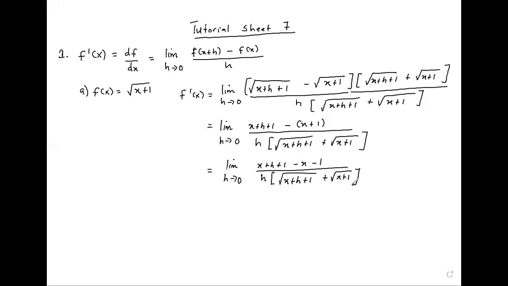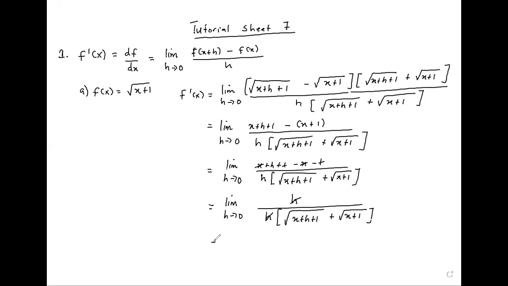Now you can see that this x and that x, the 1 and the 1, cancel, so we remain with just h on top. Once h goes to 0, the h is standing up there alone, and h down here is multiplying other things. The fact that this h down here is multiplying other things gives us the hope that we can cancel here.